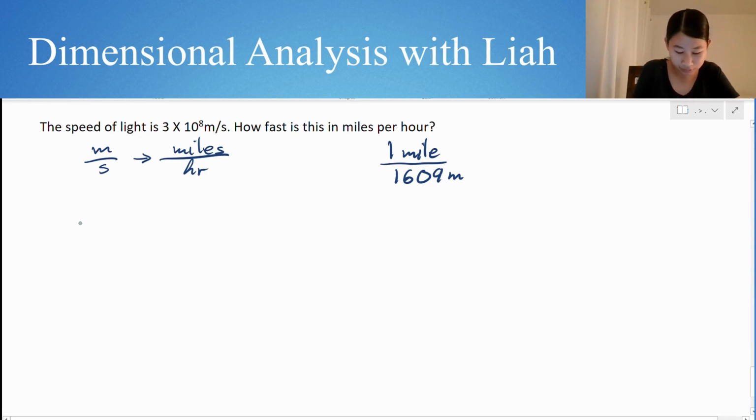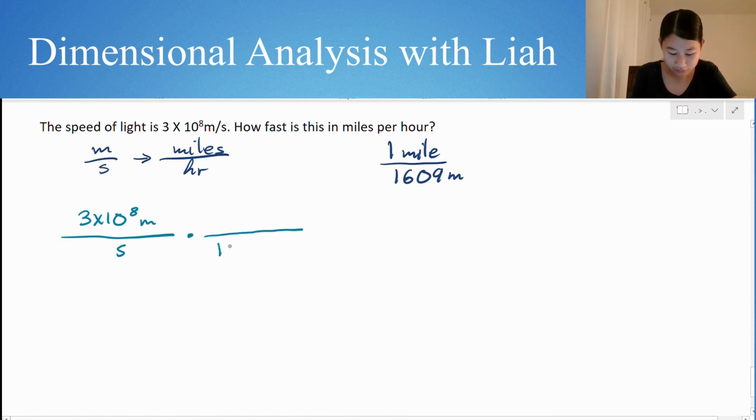So we have 3 times 10 to the 8 meters per second. If we go ahead and convert our distance first, we know that in this many meters, we have 1 mile. So we have meters on top and meters on the bottom.